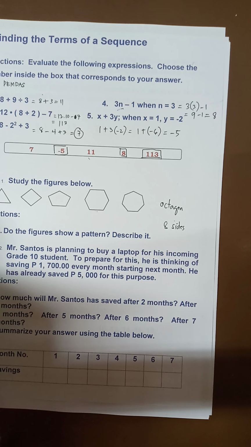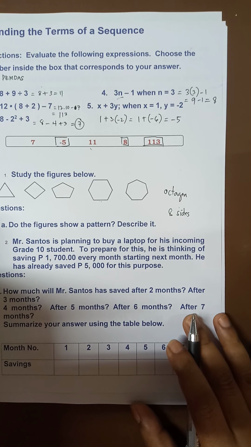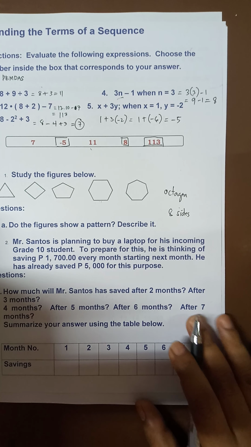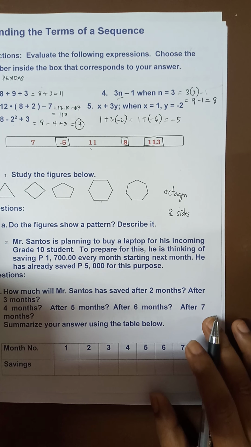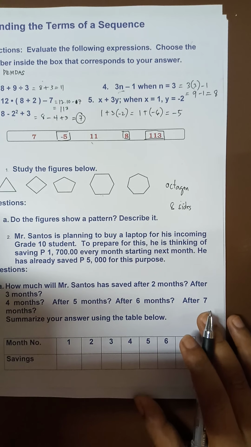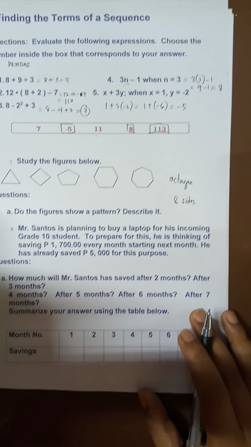Mr. Santos is planning to buy a laptop for his incoming grade 10 student. To prepare for this, he is thinking of saving 1,700 pesos every month starting next month. He has already saved 5,000 pesos for this purpose.